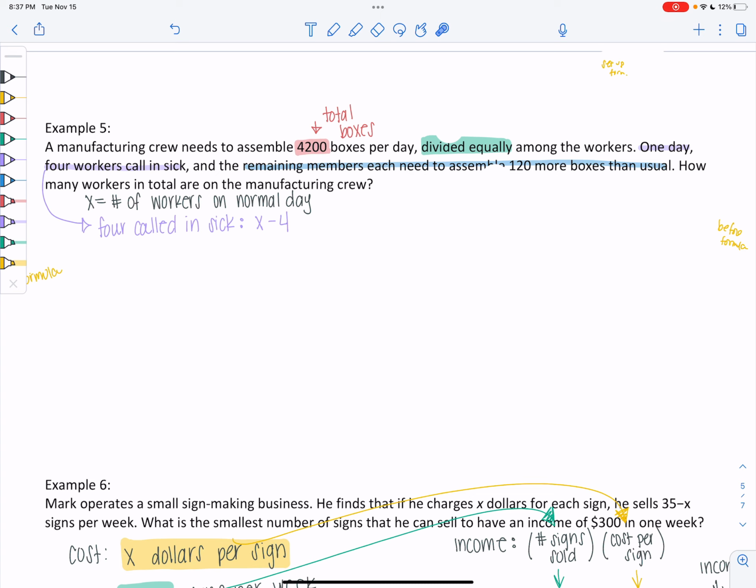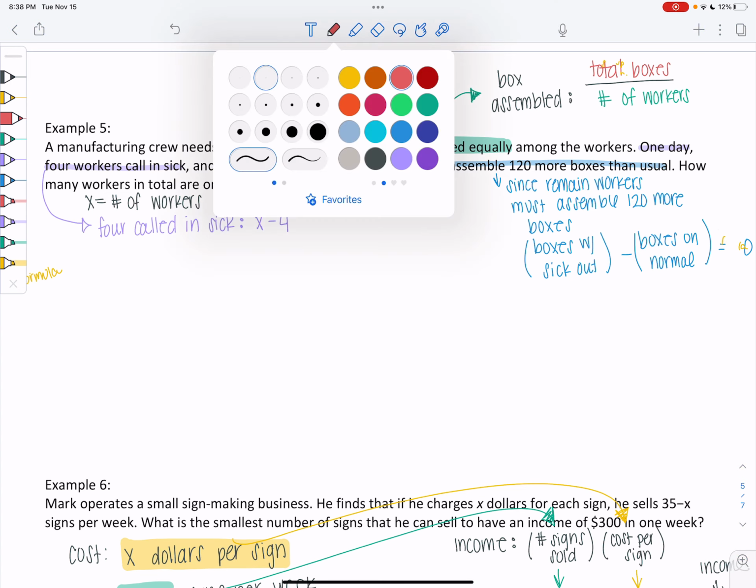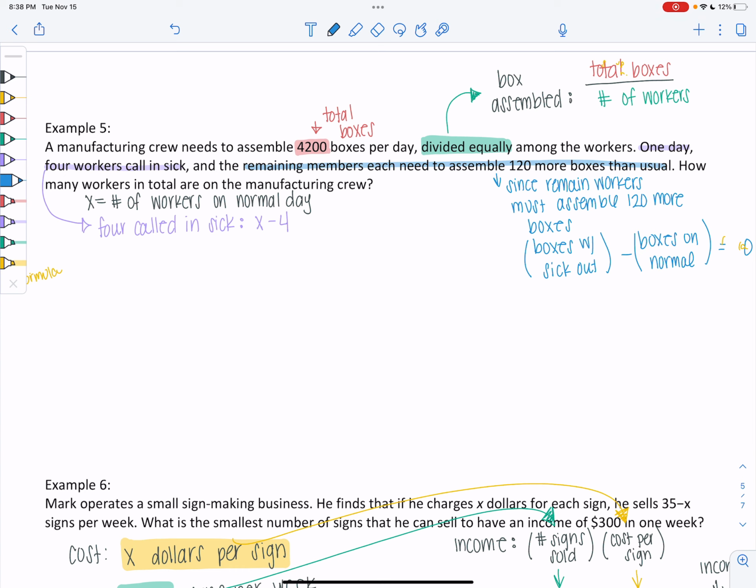So first, let's just talk about this divided evenly part. So divided evenly, I've got that the boxes assembled are going to be the total boxes for the day divided by the number of workers that are there. So let's keep this thought going. This says that I have 120 more boxes to assemble because some people are sick.